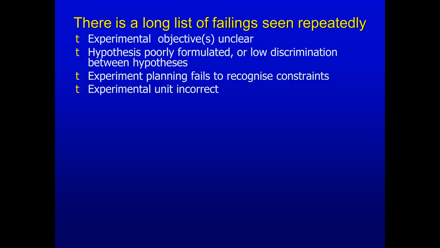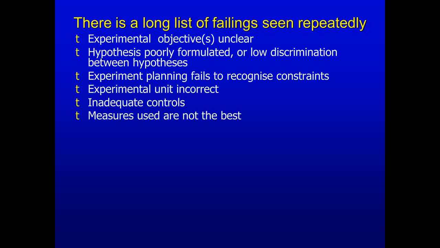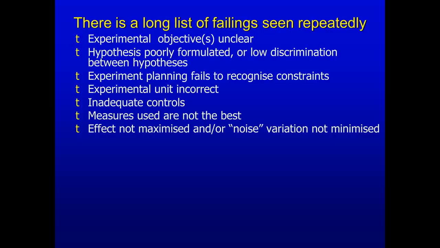The idea of getting the experimental unit correct is not one that comes into a lot of people's thought patterns. The controls may be missing out on key positives. You may not have the best measures to get the largest effect, and you may not have maximized that effect against the variability.